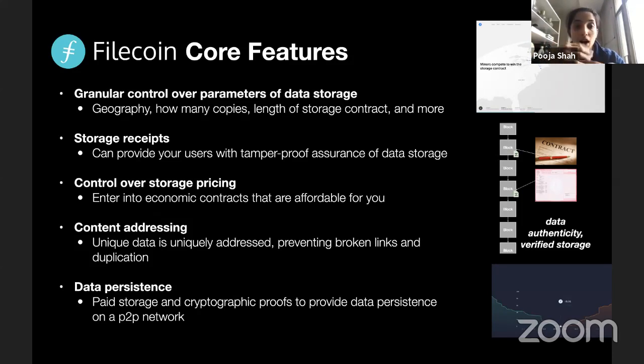You can choose how many copies of the data you want to store. Unlike in centralized cloud services, where there may be some default replication factor, with Filecoin you have complete control over all of these things. You can also choose how long you want the data to be stored on the network, and obviously the price as well. So these are some of the different parameters that you can choose today.